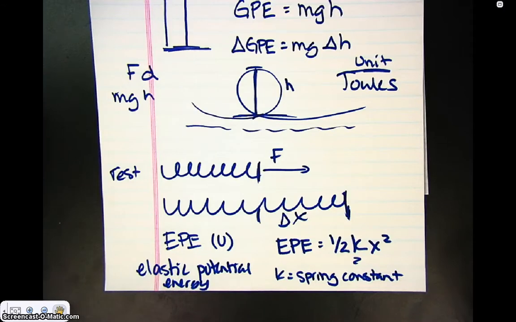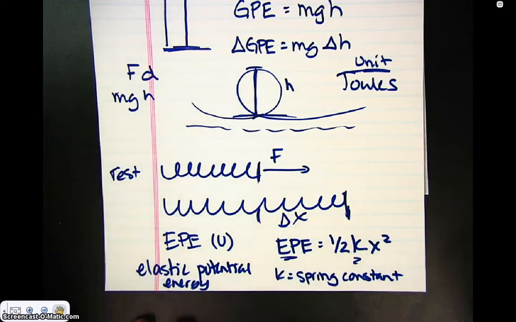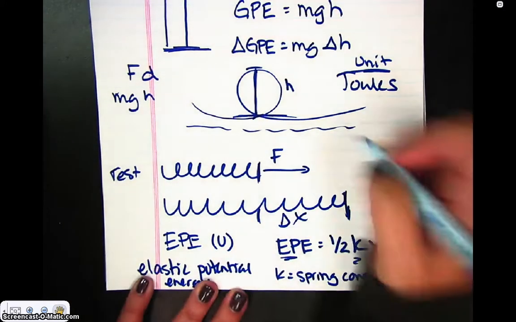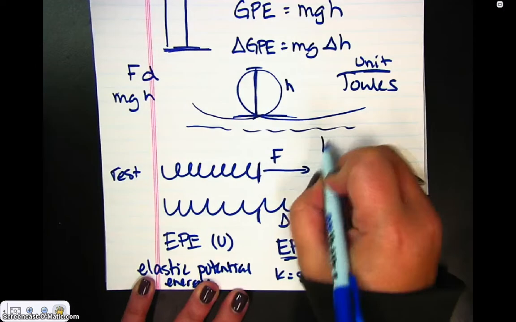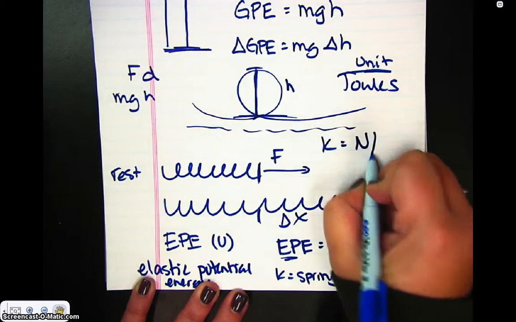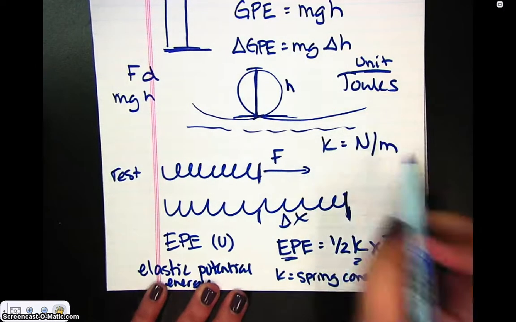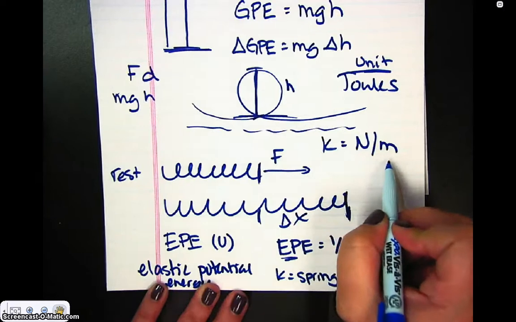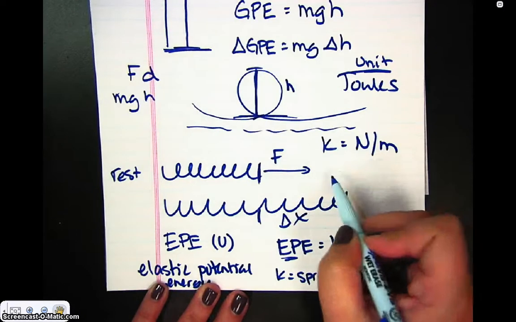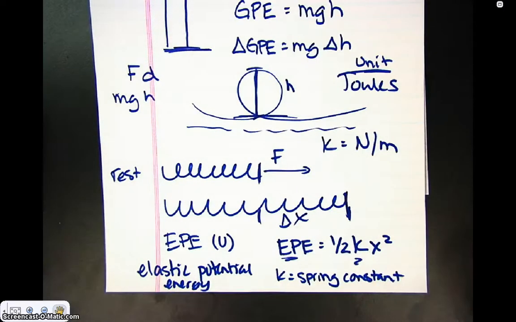So something about the property of the spring gives us the amount of energy that can be stored in that spring. K is the spring constant, and the unit for k is newtons per meter. That's the force that it takes to lengthen it by 1 meter. And that will be provided to you, or you have to calculate it somehow given the information, right?